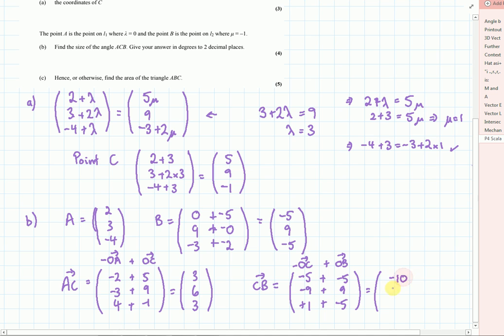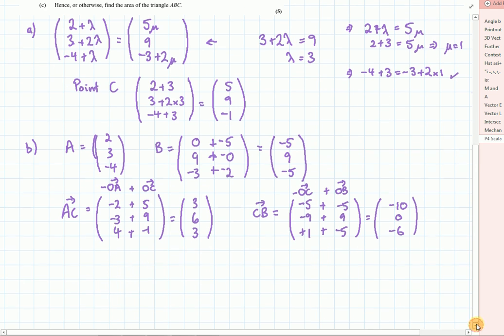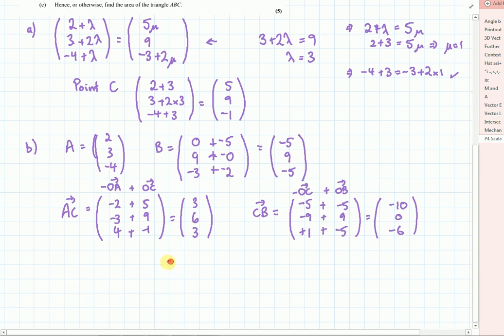Gives me minus 10, 0, minus 6. And then calculate the angle. Well, calculating the angle is the dot product of two vectors equals the magnitude of A times the magnitude of B times the cos of the angle between them.